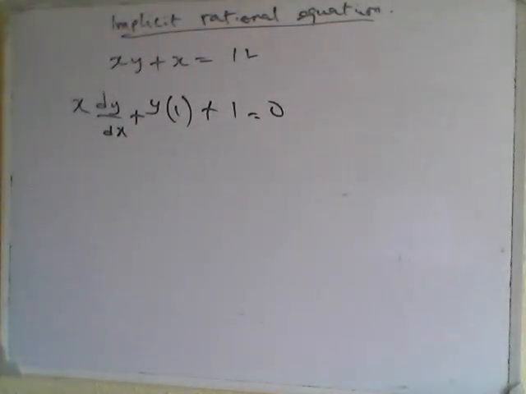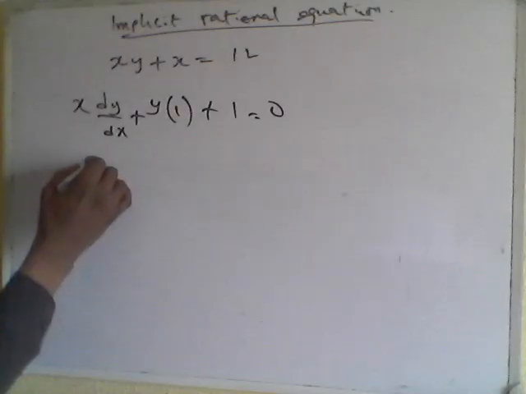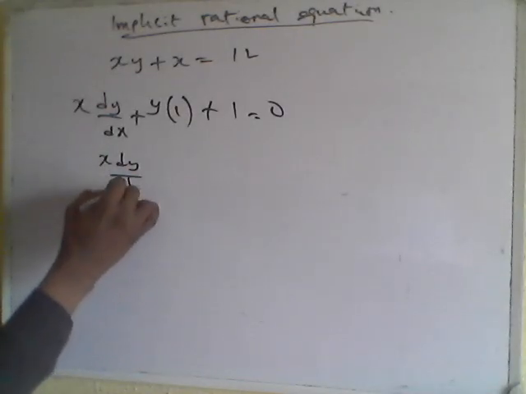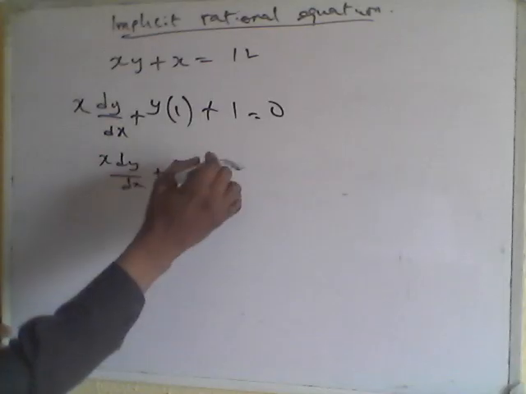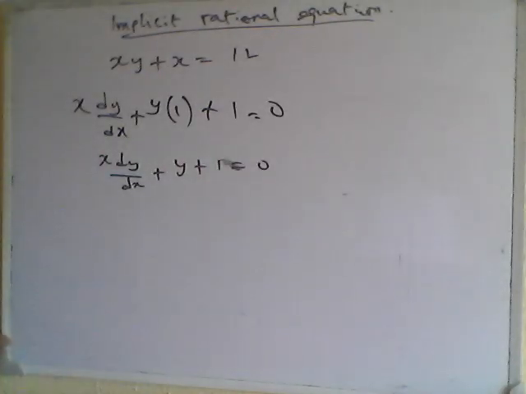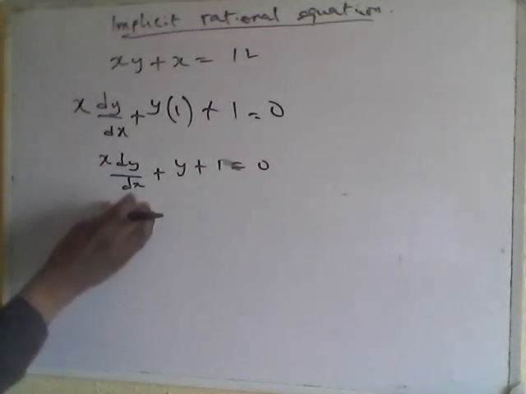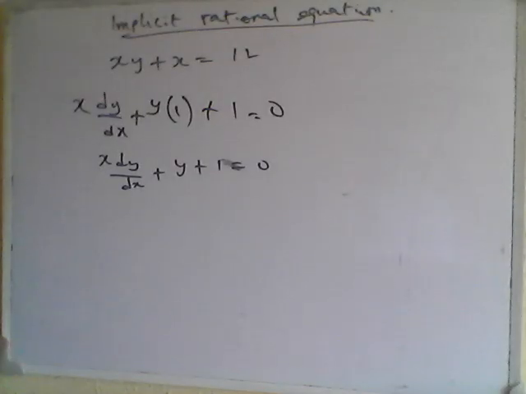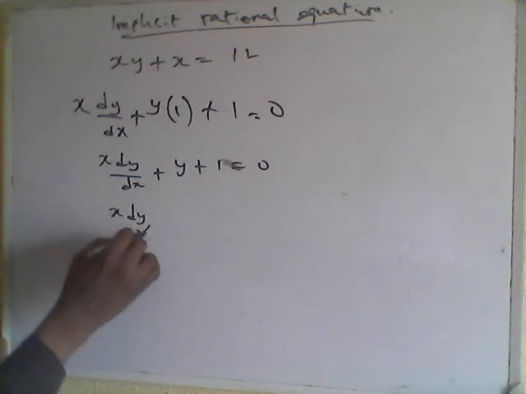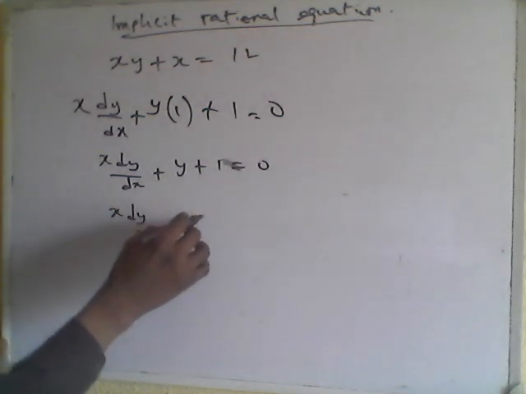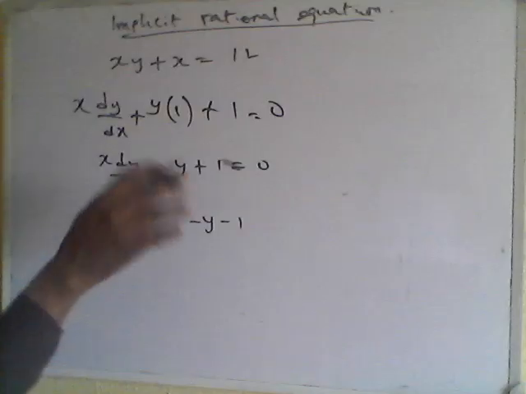So what I will do again, I will just make it simpler. I will say x dy/dx plus y plus 1 equals 0. So I will make dy/dx the subject of the formula. So x dy/dx equals minus y minus 1.